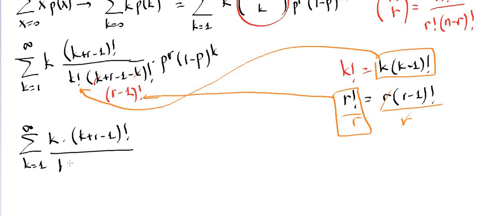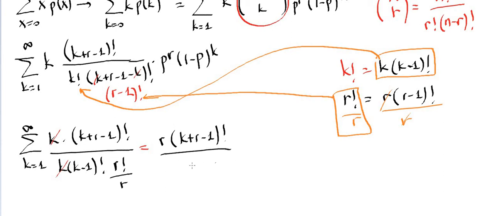Instead of k factorial, we have k times k minus 1 factorial. And instead of r minus 1 factorial, we have r factorial over r. Here k cancels k, and for a number over a fraction, if you merge them, keep change flip, this r comes to the numerator: r times k plus r minus 1, the quantity factorial, over k minus 1 quantity factorial times r factorial.